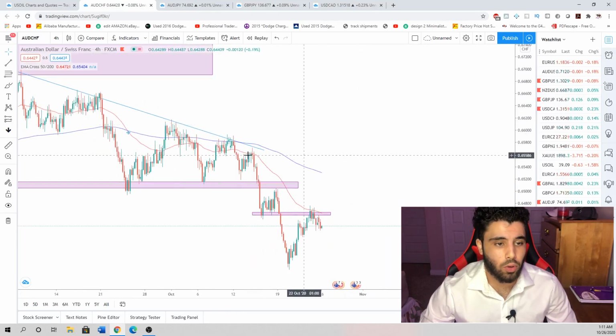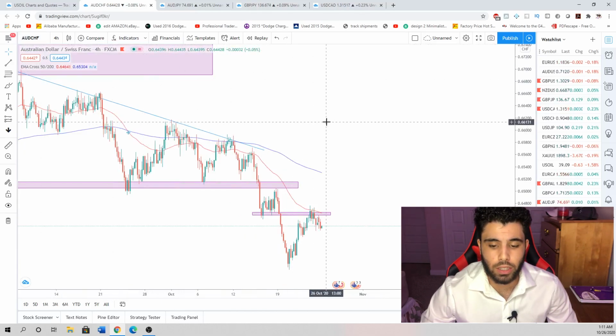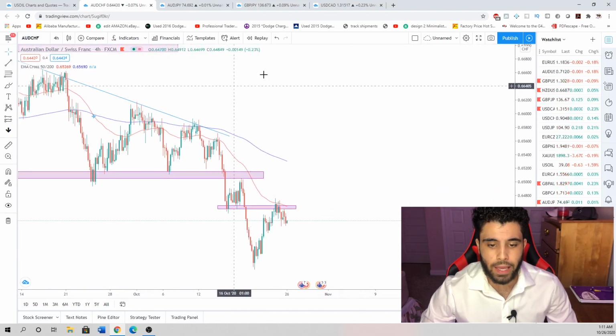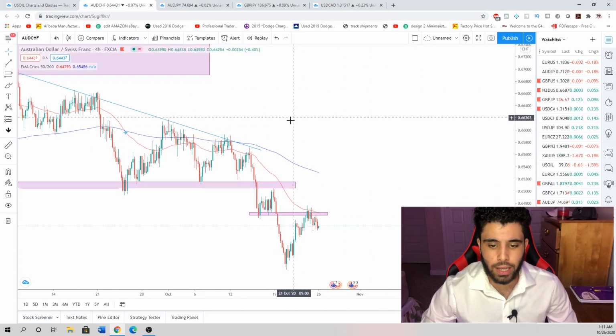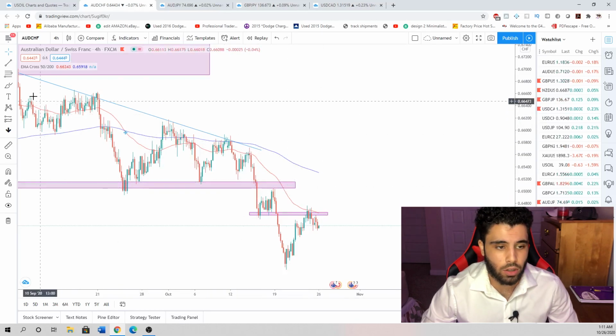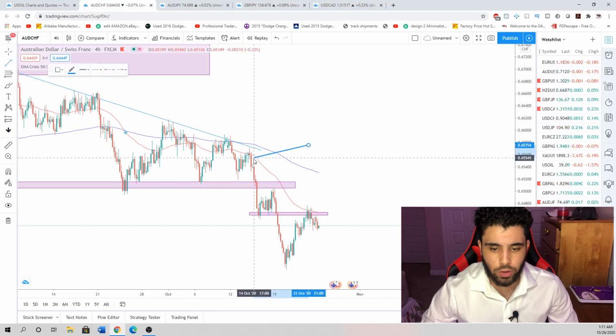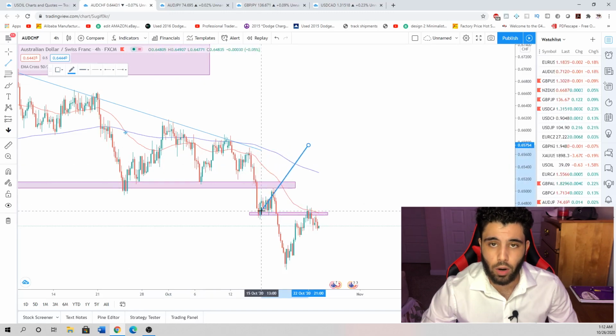As far as an example, here we have AUD-CHF on the 4-hour chart. This is going to be a downtrend continuation. What you want to look for is an overextended push that breaks previous highs or previous lows. So here we have this overextended push right here that broke these previous lows. So now what do we expect?